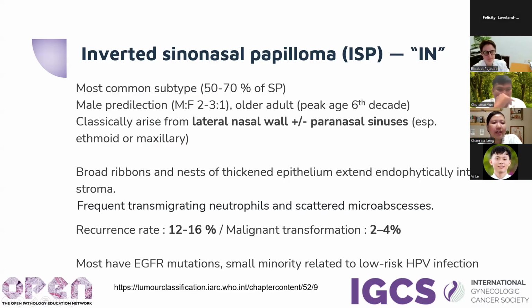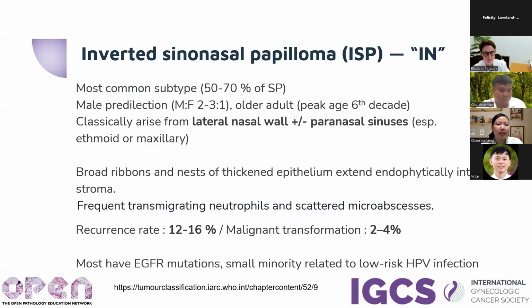Its feature is broad ribbons and nests of squamous epithelium that extend endophytically into the stroma, and it has some associated signs that we frequently meet, like neutrophils and scattered microabscesses in the tumor nest.